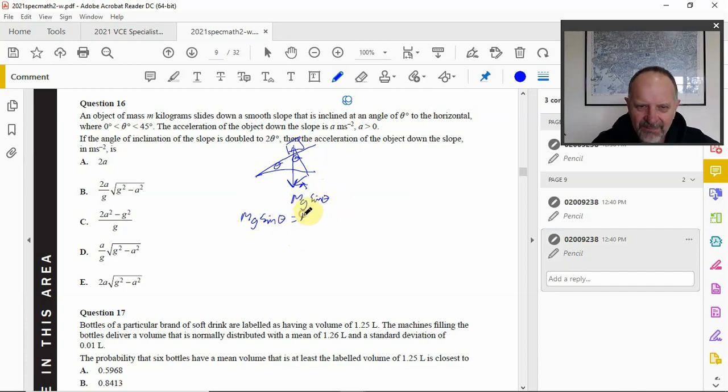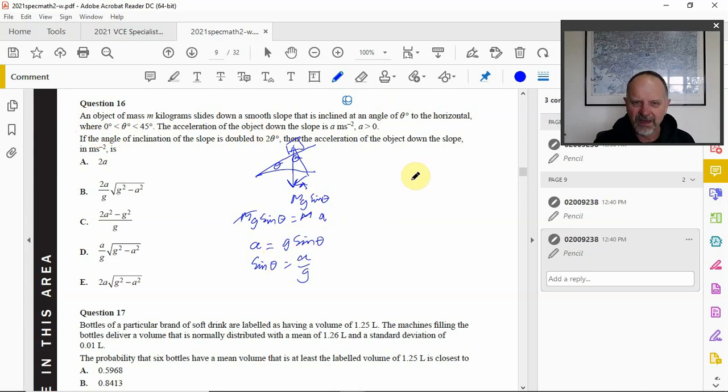And that equals the mass times the acceleration. Masses cancel. So in terms of this first one, the acceleration is g sine theta. So sine theta is a on g. All right, so that's the first part. I've just looked at these first two lines.